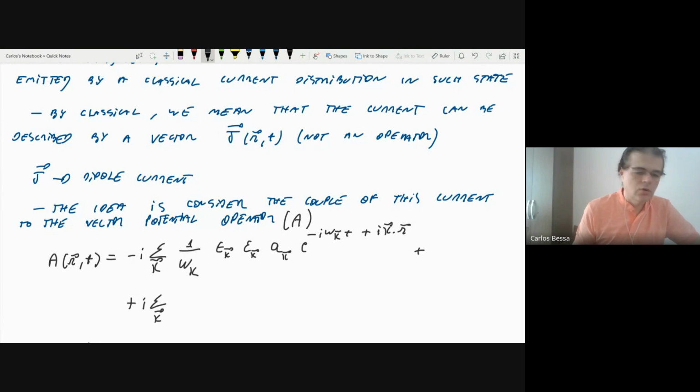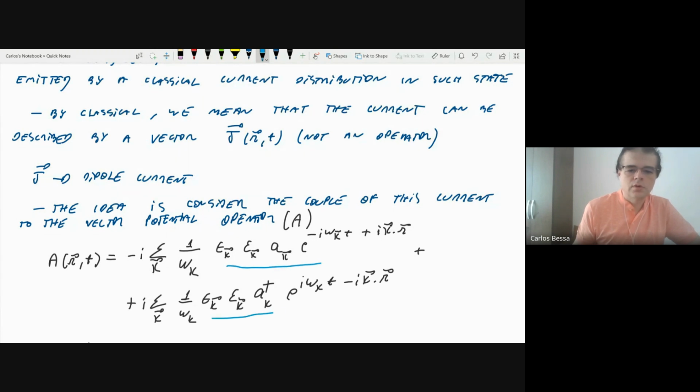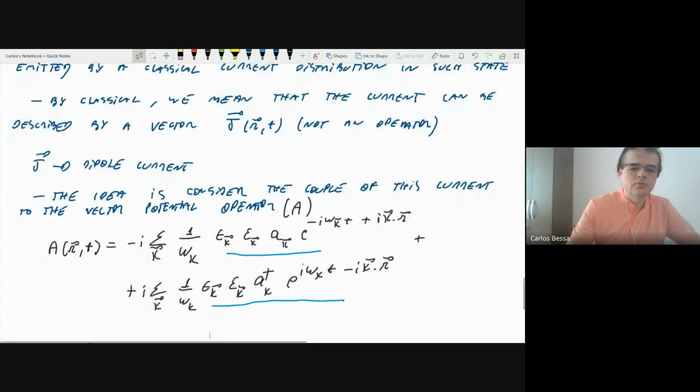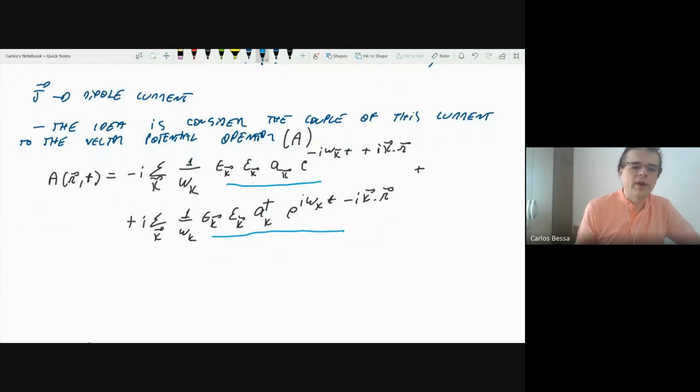So it's just 1 over omega K, E_K, epsilon K, all these things are real. Here, A_K dagger, and exponential minus the same phase. So you can see here these terms. This term with the sum is the electric field, apart from the omega here in the i, because this is the potential.